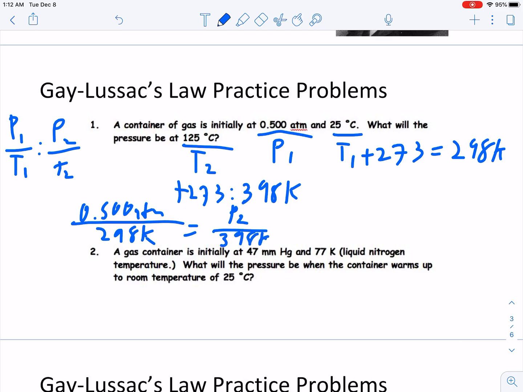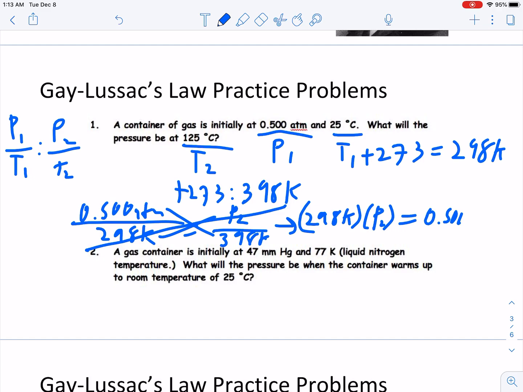As I mentioned before, you just got to cross multiply to solve, okay? So we're going to rewrite this as 298 Kelvin times our unknown P2. Again, notice I cross multiplied here, is equal to 0.500, that's our atmospheres, times 398. That's cross multiplying here. Divide both sides by 298 Kelvin.